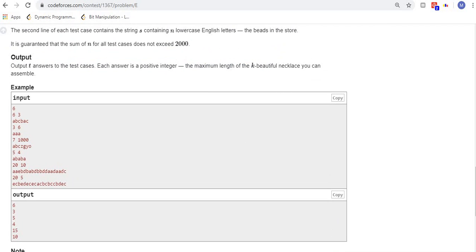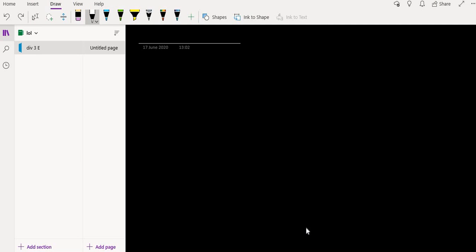Okay, let's first understand what the meaning of a k beautiful string is. Let's take an example of a 5 beautiful string. So this is a 5 beautiful string. Let the string be this. Now I'm going to say that this is a 5 beautiful string because when this is rotated 5 times, it's going to remain unchanged.